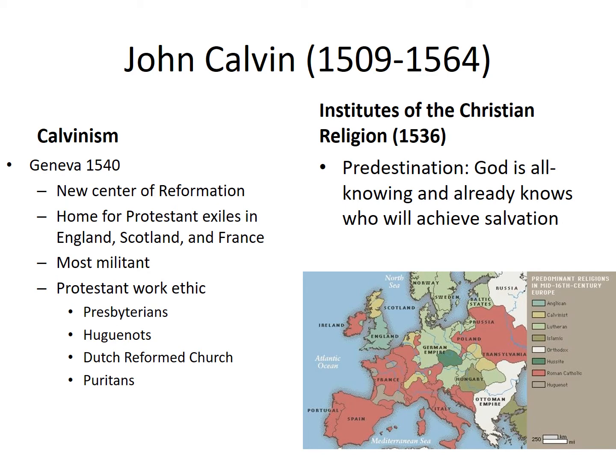Now remember, John Calvin's works in his book, The Institutes of the Christian Religion, published in 1536, outlined a lot of these principles of Calvinism. But the biggest thing that we get out of that, of course, is the Calvinist belief in predestination. That God is all knowing and already knows before you're even born if you are saved or one of the elect or not.